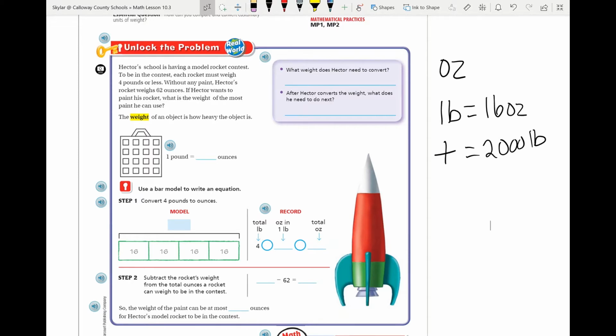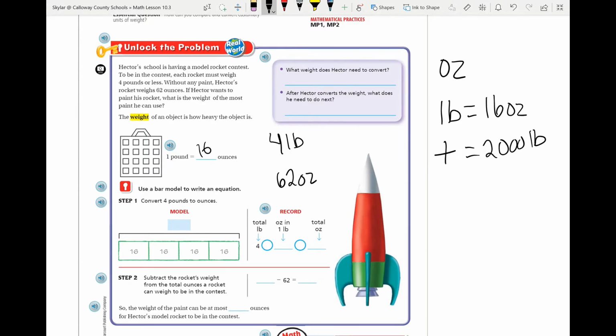So, let's see what we know. We know 1 pound is 16 ounces. We know that the rocket must weigh 4 pounds or less. We also know that his rocket right now weighs 62 ounces.